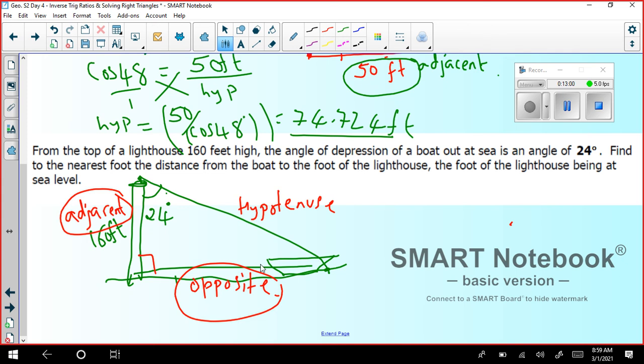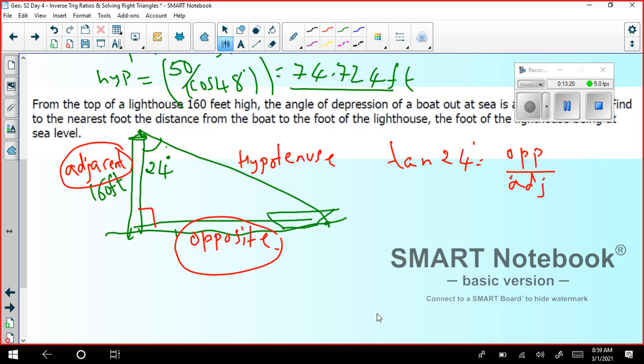Whenever opposite and adjacent, we know tan of 24 degrees is opposite over adjacent, right? The formula is opposite over adjacent. I'm just writing it short, OPP over ADJ. Now substitute what is given to us.